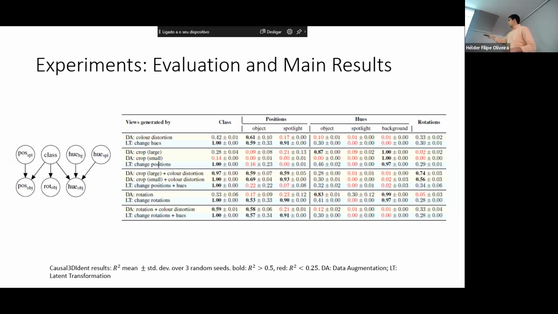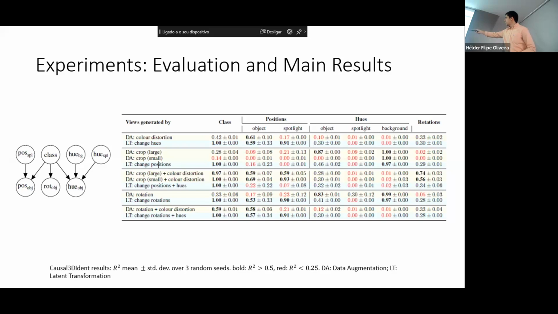And we also preserve colors, which are the spurious variables. So if you see the structural causal model on your left, the hue of the background and the position of the spotlight should not affect the class.